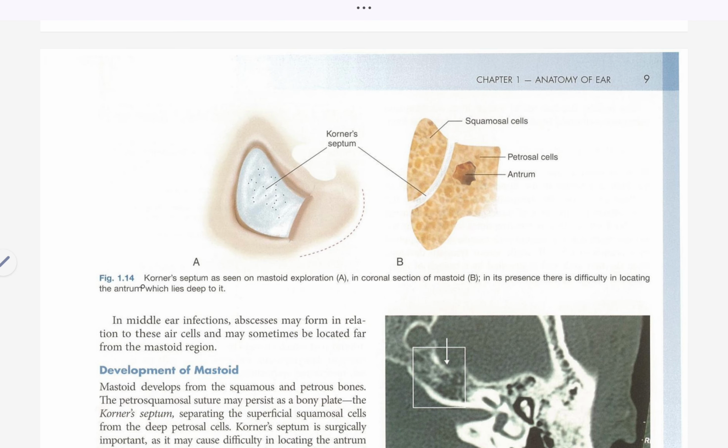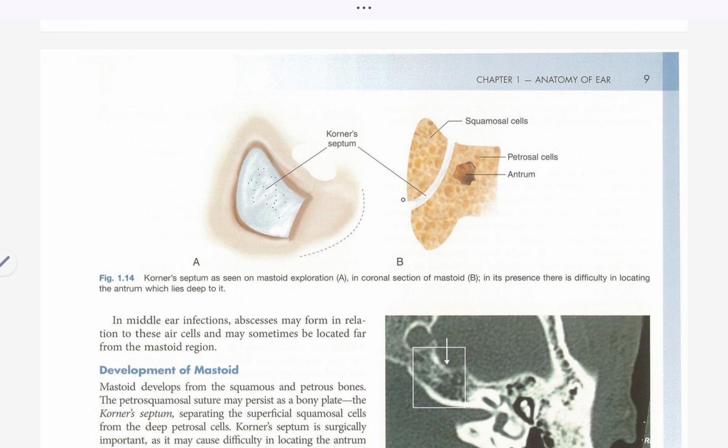Figure 1.14, Korner's septum as seen on mastoid exploration. A, in coronal section of the mastoid, here we can see Korner's septum. B, in its presence, it is difficult in locating the antrum which lies deep to it.